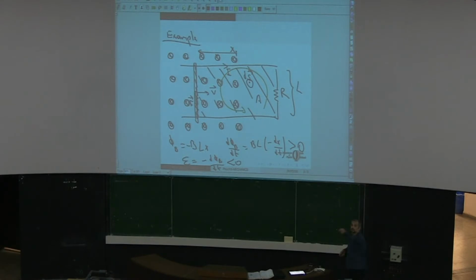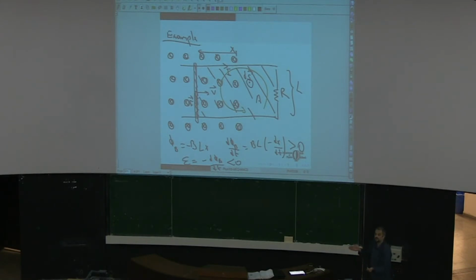Well, you see, we have chosen a positive direction for our area. We said that the area vector is pointing in this direction. That choice tells me that if there is a magnetic field line passing from this side to this side, it will contribute positive.